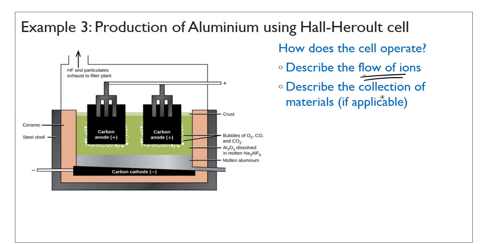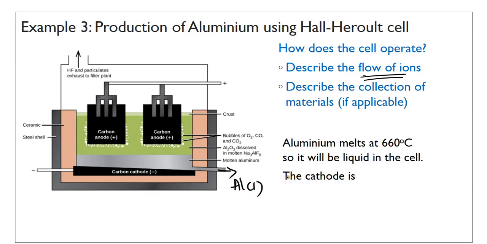The collection of materials. So the molten electrolyte, molten aluminium, I need to fix that slide. Molten aluminium is going to come out here, as I mentioned earlier. The reason for this is that aluminium melts at around 600 degrees, so it will be liquid in the cell. The design of the cell is very smart, because the cathode is down here, so the aluminium will be produced around here.